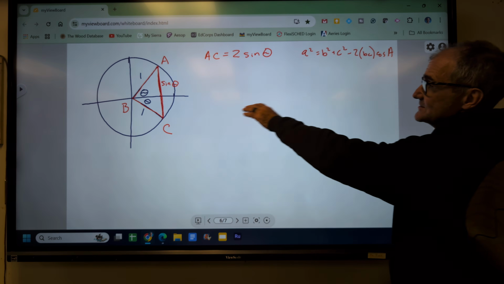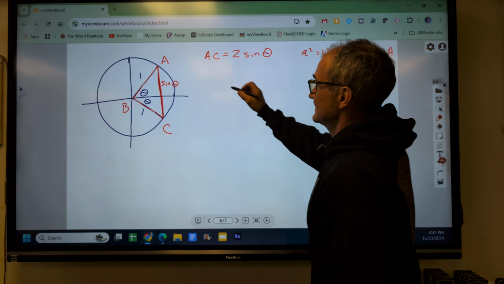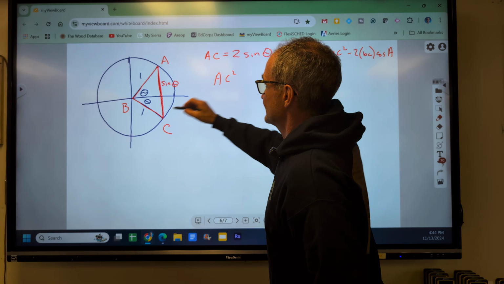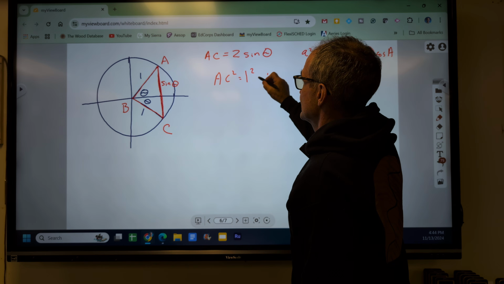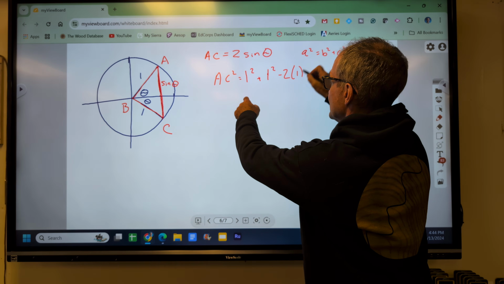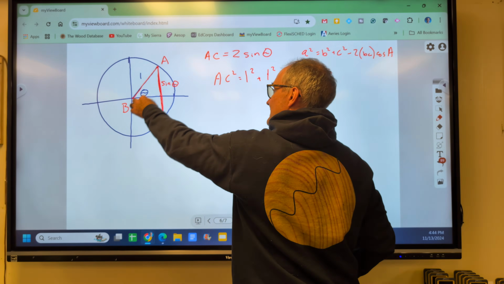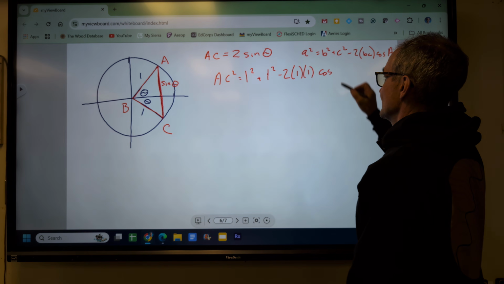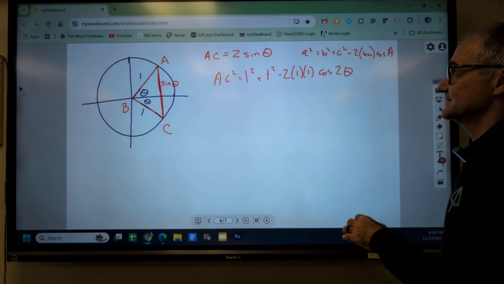So I'm using the law of cosines on this red triangle here. So I'm going to say this right here, AC squared. AC squared is equal to this leg squared, 1 squared, plus 1 squared, minus 2 times 1 cosine of this angle. Well, that angle is 1 theta plus another theta, or 2 theta. That's where the double angle is going to come in.